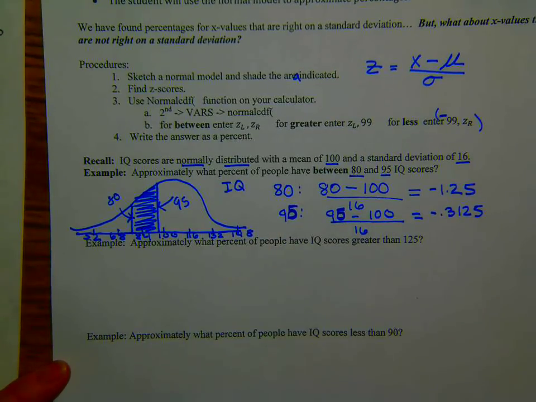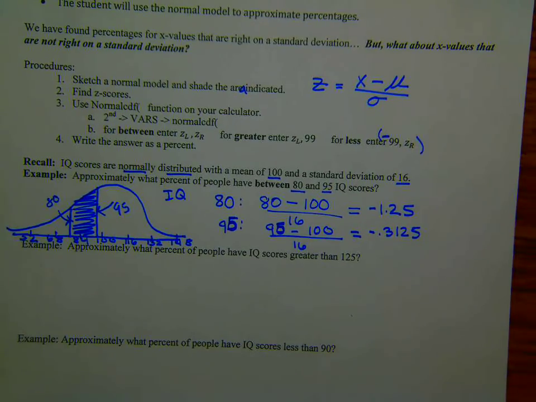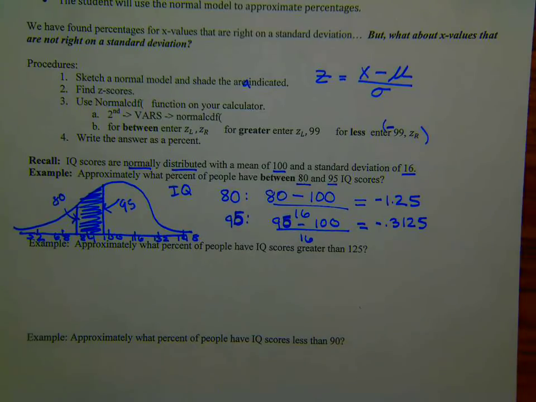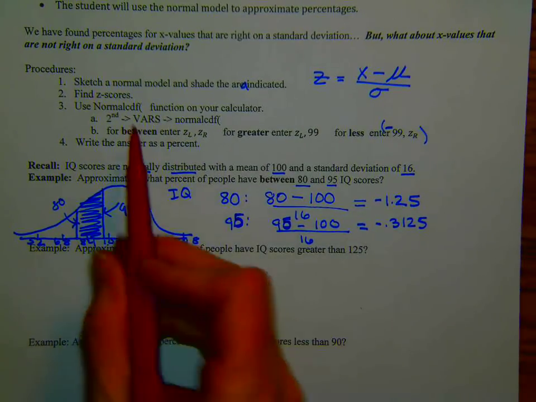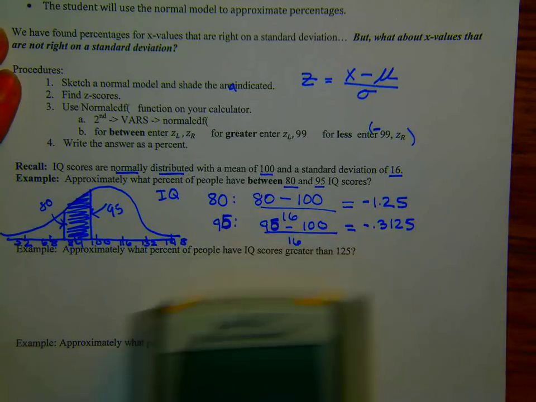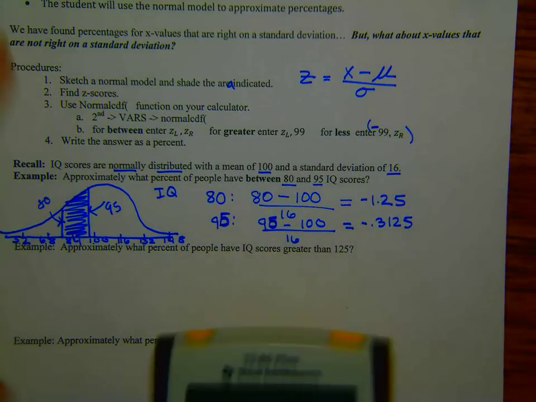Okay, so once we've calculated our z-scores, then what do we do? Looking back at our list of things to do, we're going to use a new command on our calculator, and this is the command normal CDF. We're going to use normal CDF and these two numbers because we're calculating between a range of these two numbers.